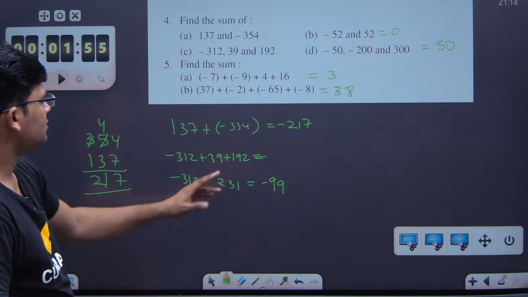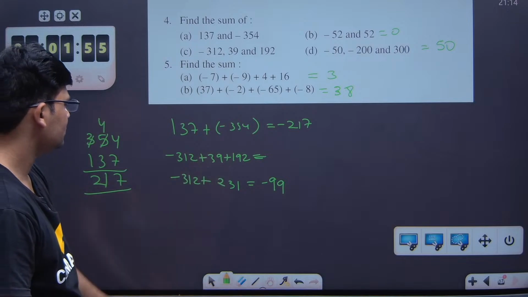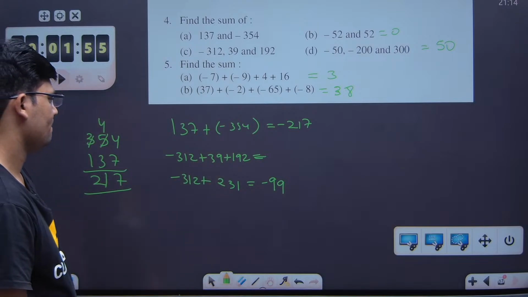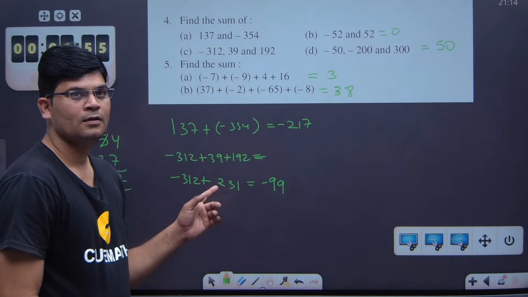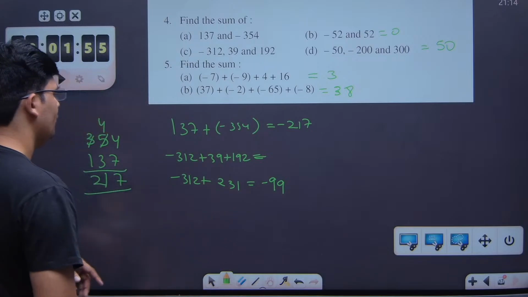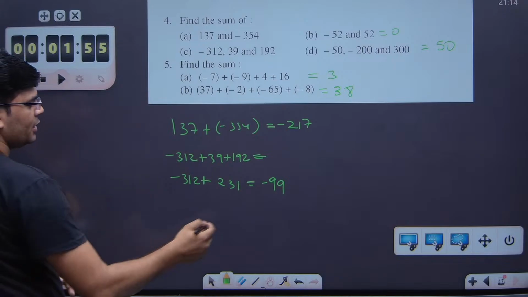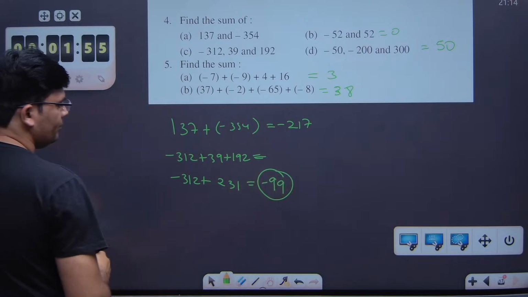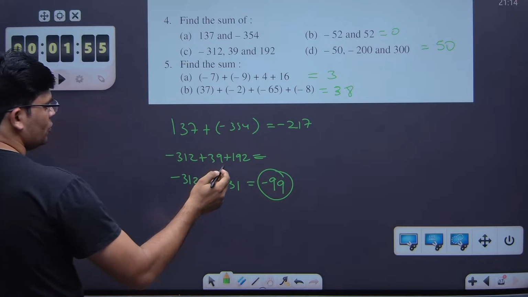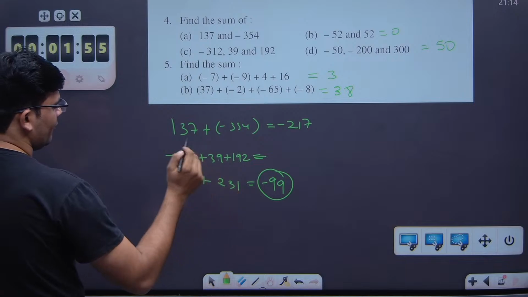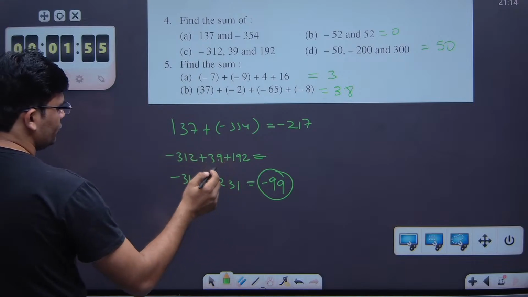Now what answer did you tell for the third one? Your answer came negative 99, right? Now let us check it. So 9 plus 2 is 11, 19 plus 4 is 23.